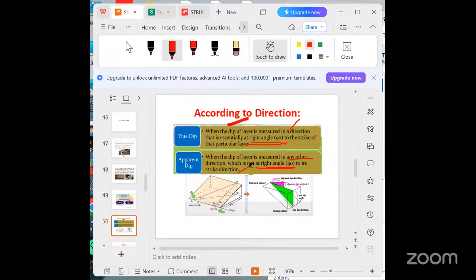So this is one direction, essentially right angle, and apparent is any other direction which is not a right angle. That is called true and apparent dip. You see here, these are the two pictures. This is the apparent direction and this is the true direction.